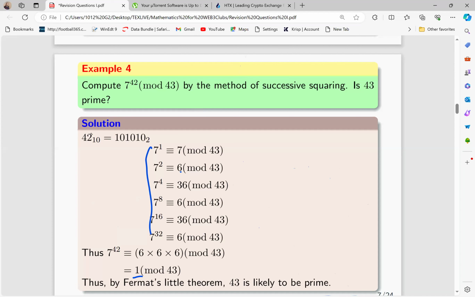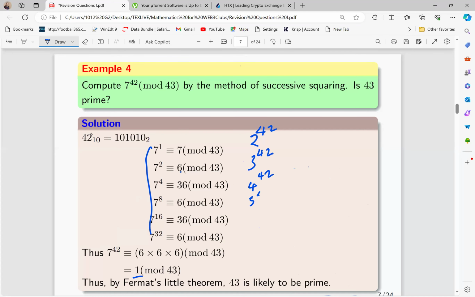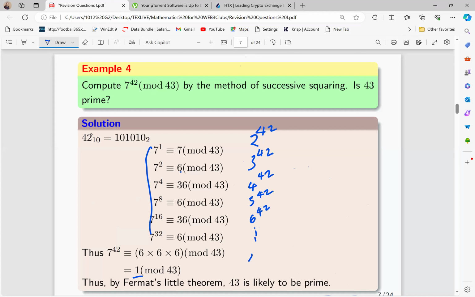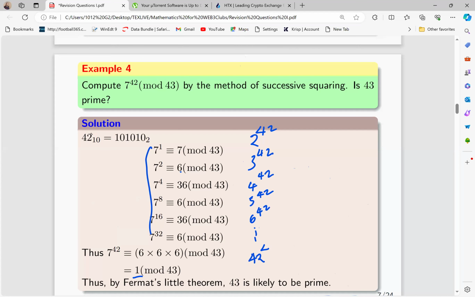So you may want to test 2 raised to 42, 3 raised to 42, 4 raised to 42, 5 raised to 42, 6 raised to 42, all the way up to 42 raised to 42.